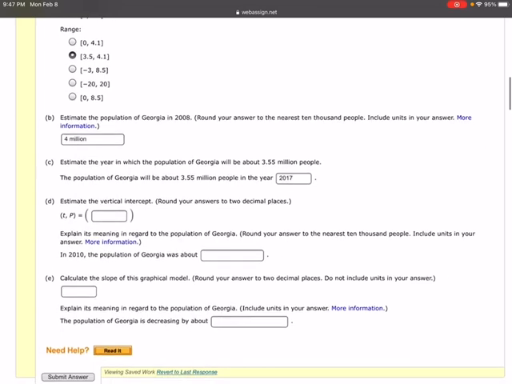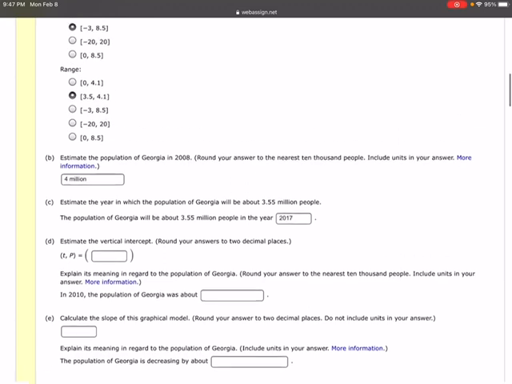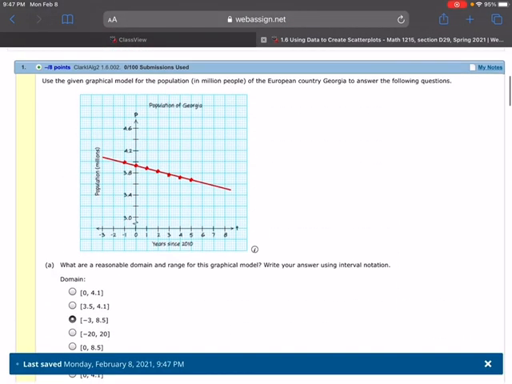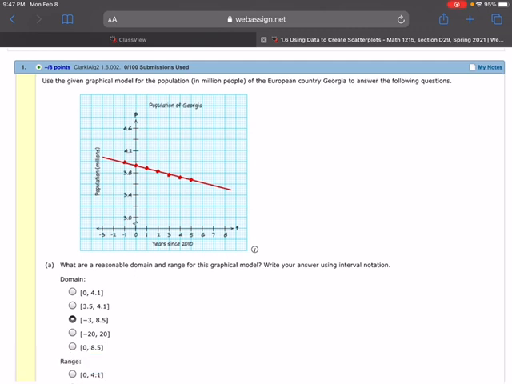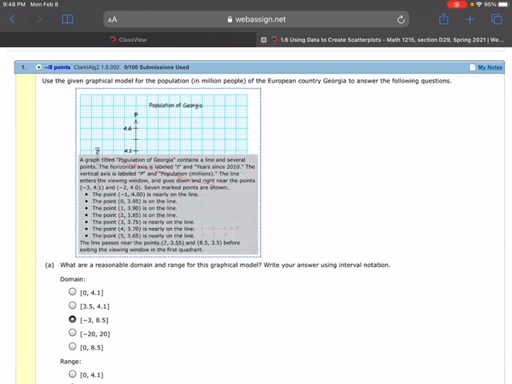The vertical intercept, the y-intercept, is where it crosses the y-axis. So it crosses below 4, above 3.8. I would say it's a little bit above 3.9. Again, so that you don't guess, it says here 0, 3.95.